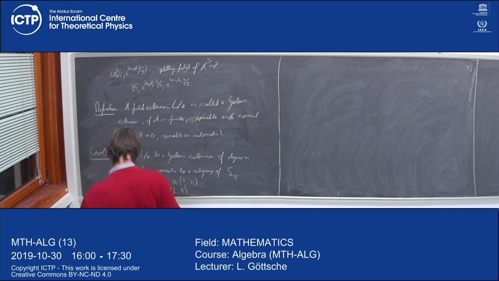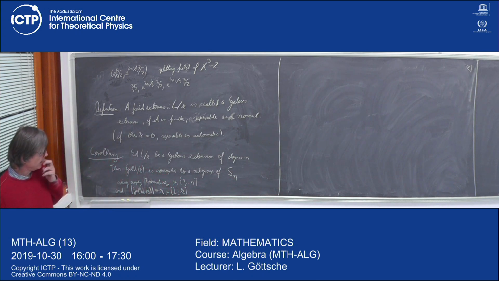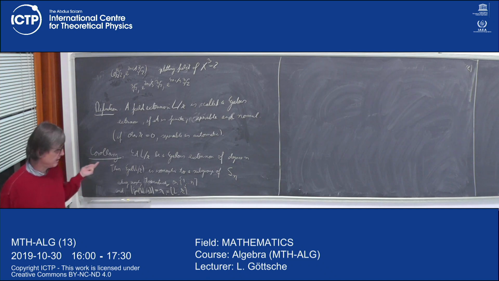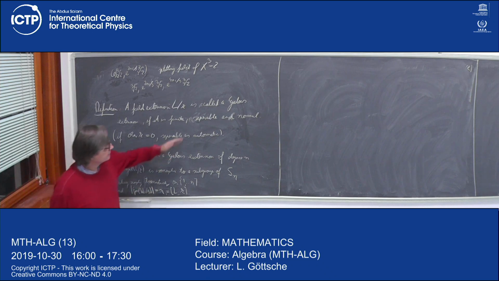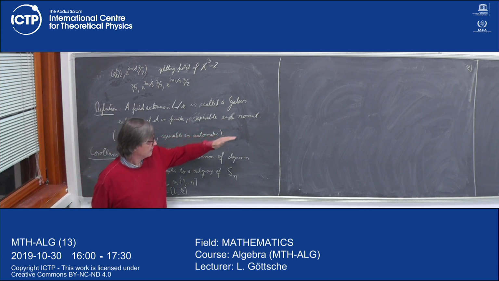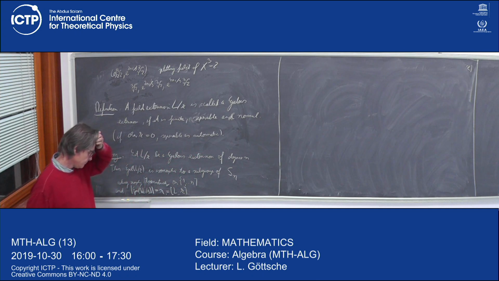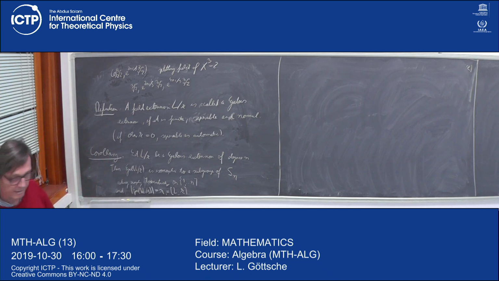So the point is, we have just proven a similar result for simple algebraic extensions, and then obviously we use the theorem of the primitive element, which tells us that if the field extension is separable, then we can apply this result.